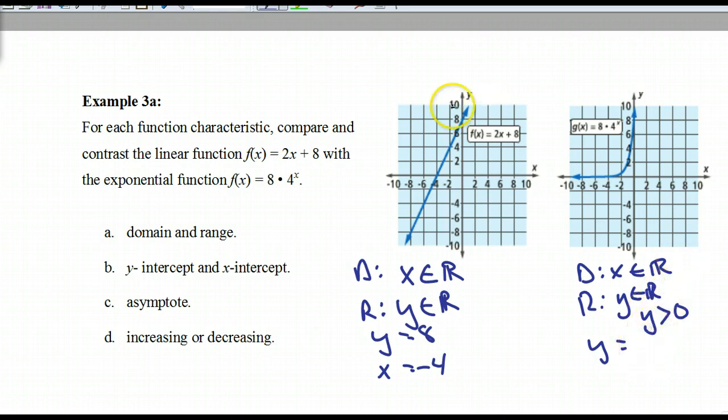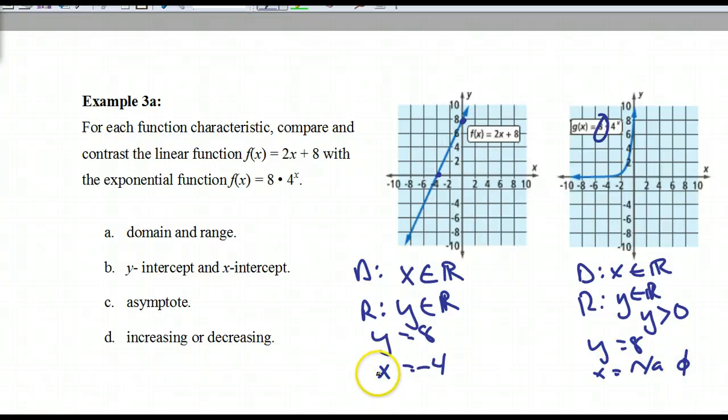Is it 8? Yeah, it's right here. Okay? So on this one, my y-intercept should be 8 also. Yep, because that's right here. Okay? My x, there is none. Not applicable. Or you could say empty set. Yep.